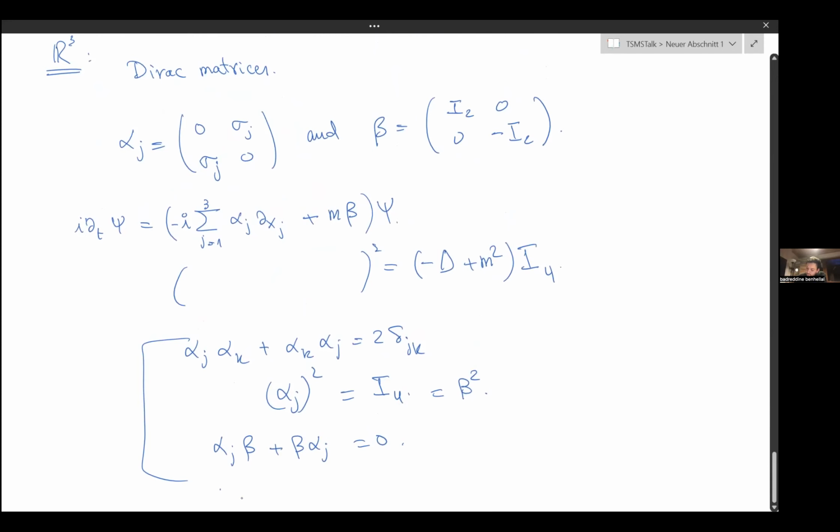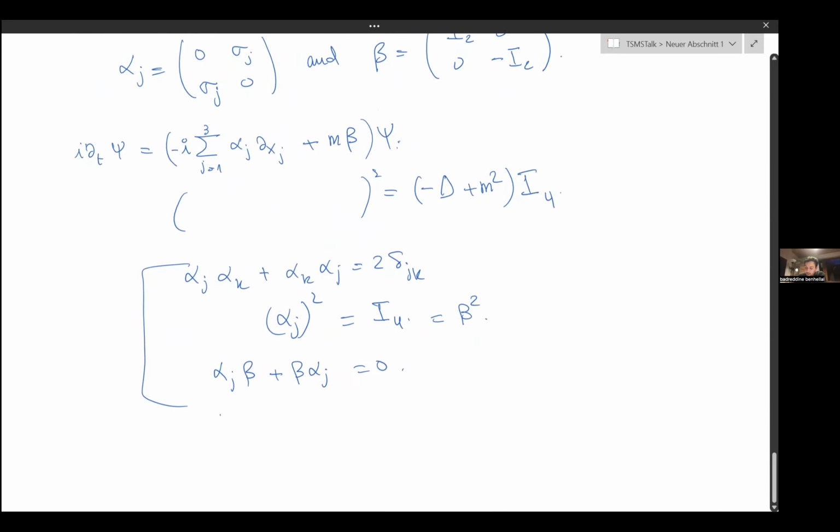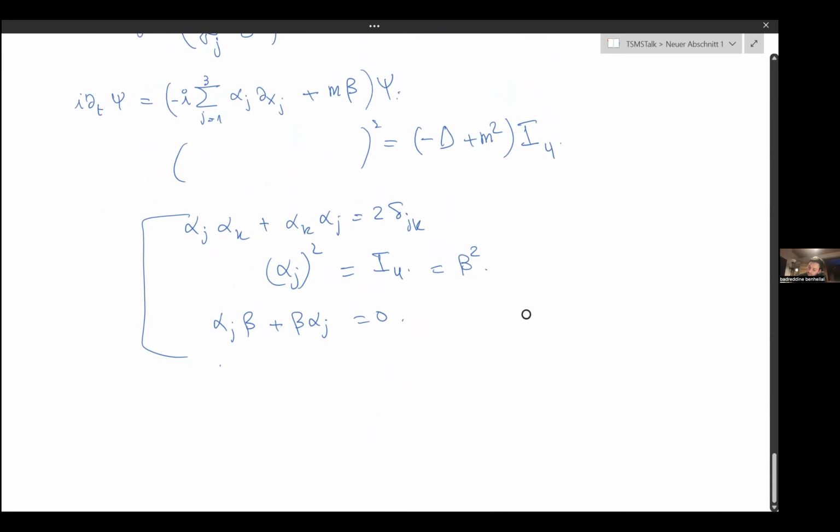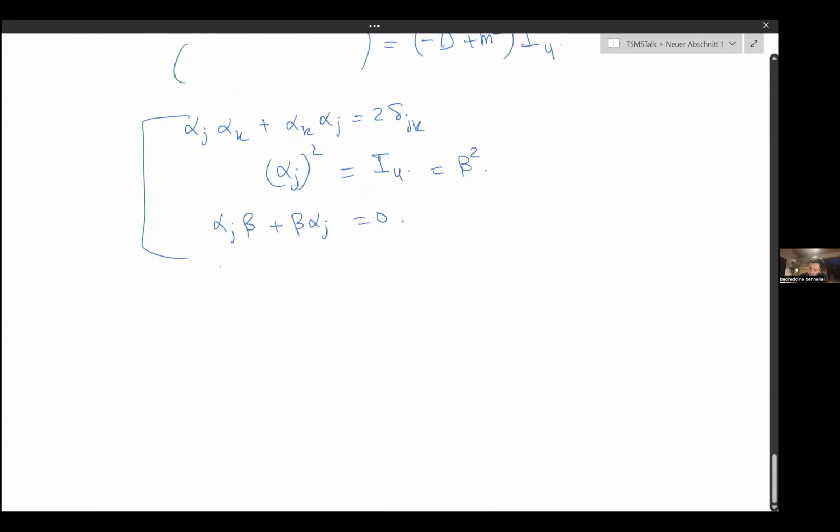expression here. And the good thing now, if we denote this by D_m for Dirac, then D_m is what we call minus i alpha dot grad plus m beta.